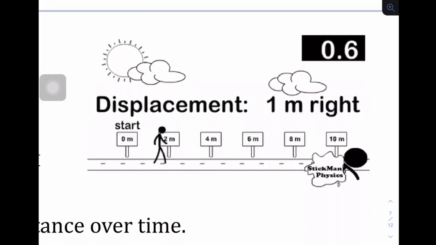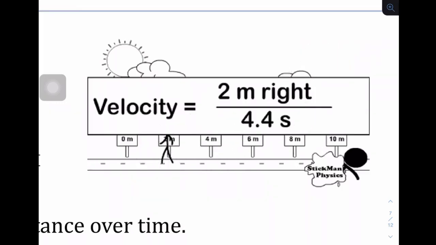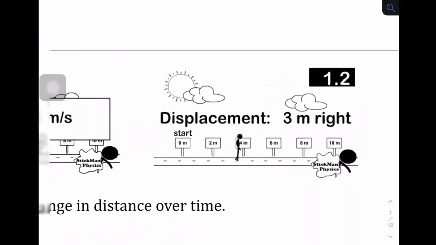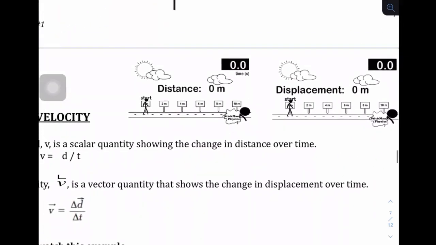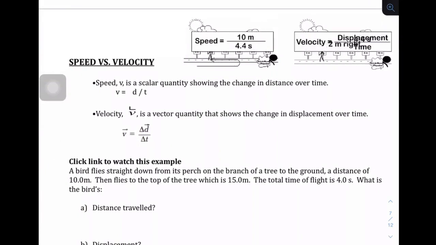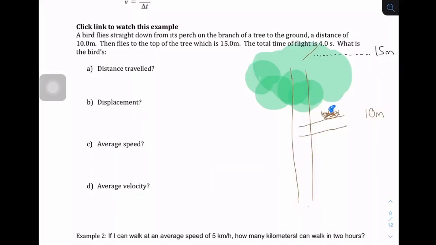To find your average velocity, you take that 2 meters that you've traveled to the right, divide it by the time it takes, and you get a smaller velocity. So we use the same formula. It's just we would identify displacement with an arrow above it.